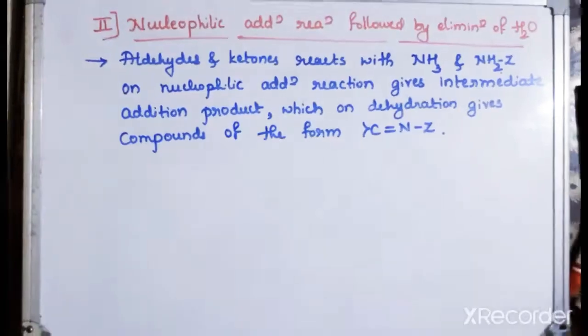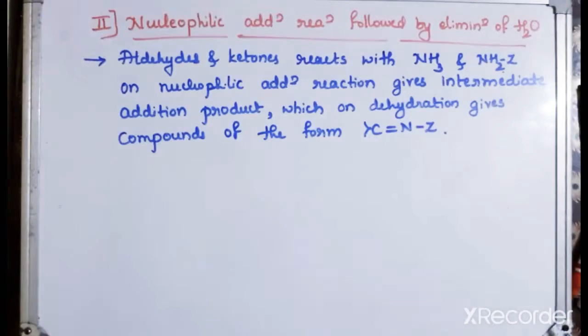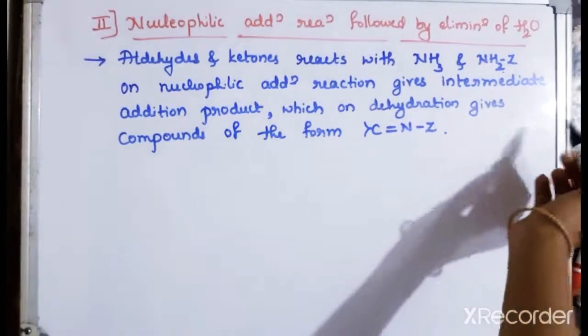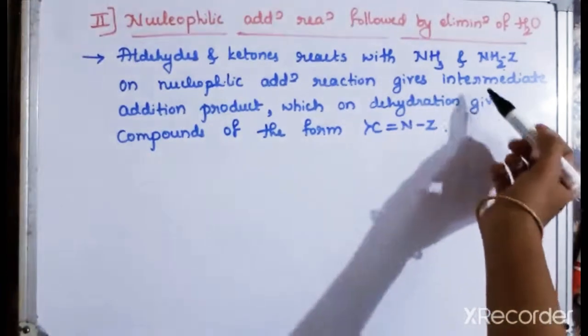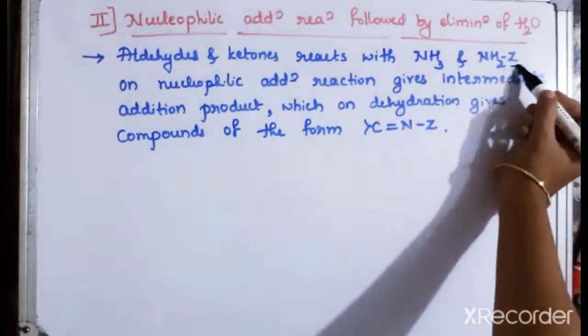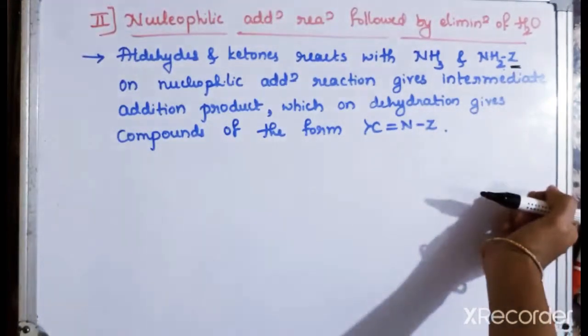So, nucleophilic addition reactions followed by elimination of water. Aldehydes and ketones react with ammonia and its derivatives. Ammonia is represented as NH3, and when one of its hydrogens is replaced by some group, that is considered an ammonia derivative.